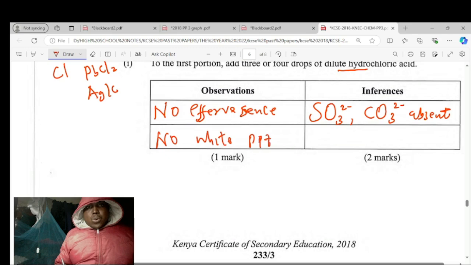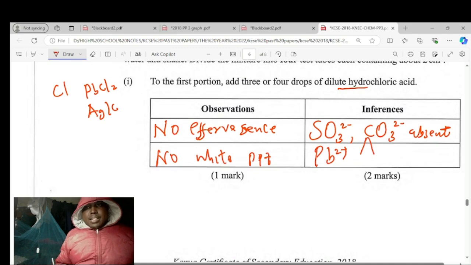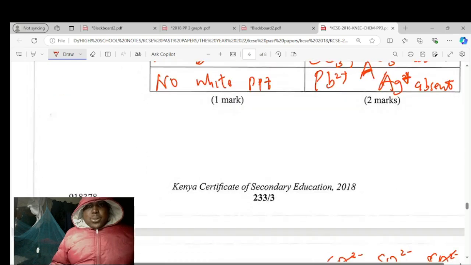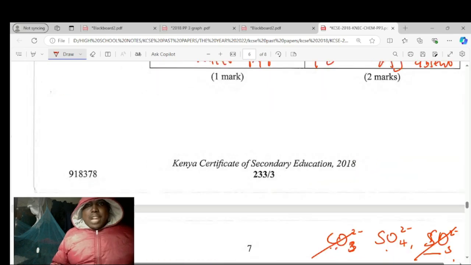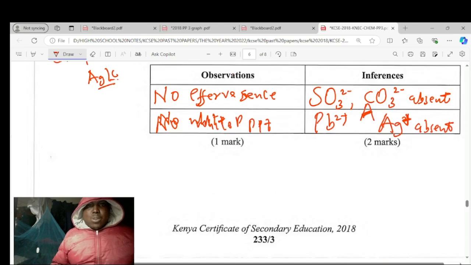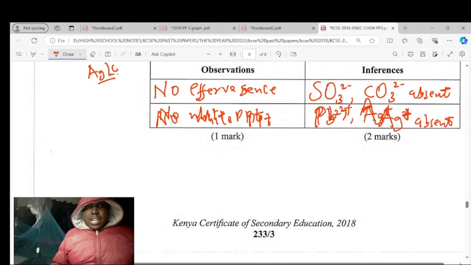Na tukasema lead, silver, positive, absent. Absent means it is not there. So you will see now this one information hapa itatusaidia mbele kujua ni nini tutaandika mbele.